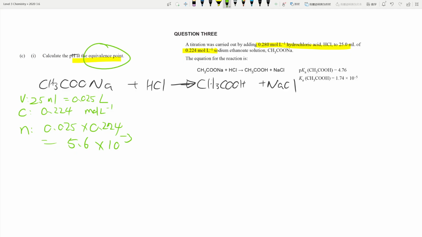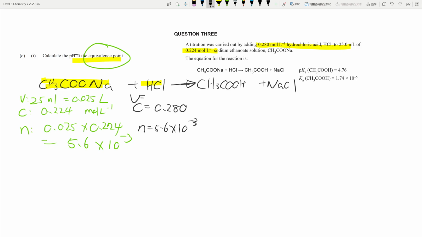Now at equivalence point, the two things I'm highlighting, the moles are the same amount. So this is also going to be 5.6 times 10 to the power negative 3, because at equivalence point, they neutralize each other completely. We know the concentration is 0.280.